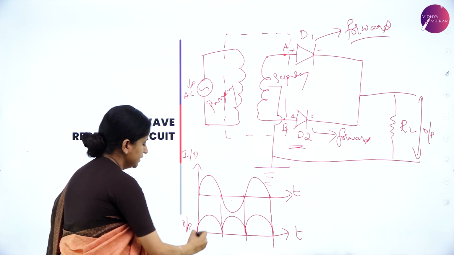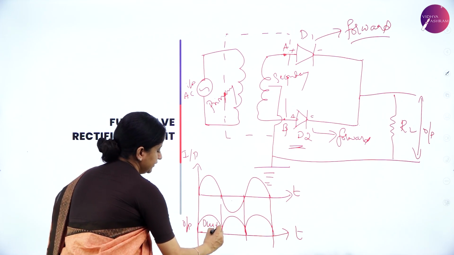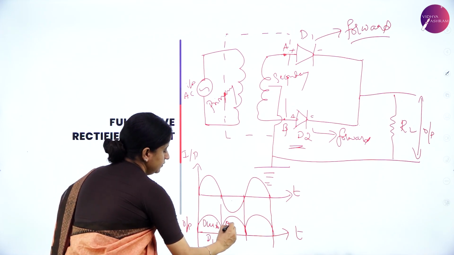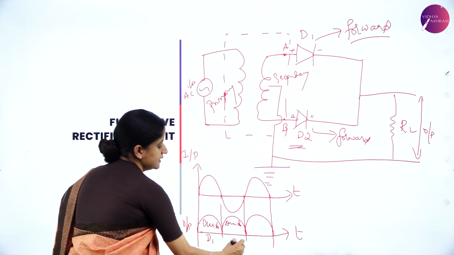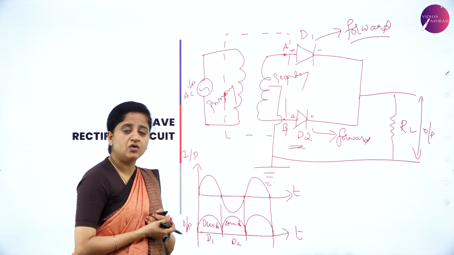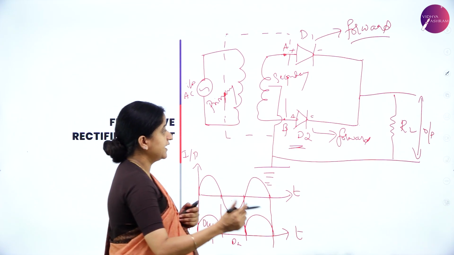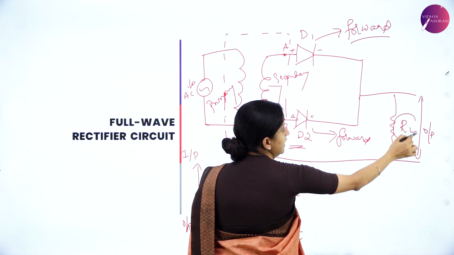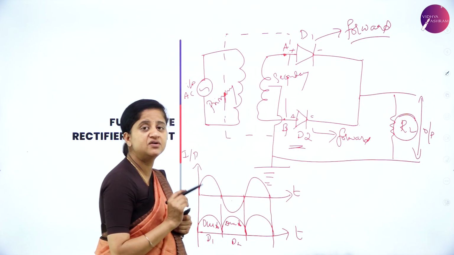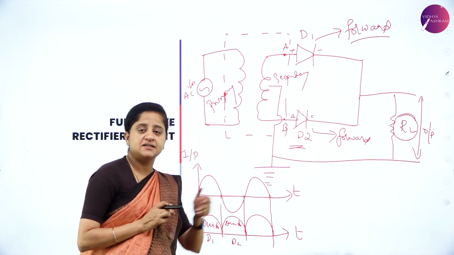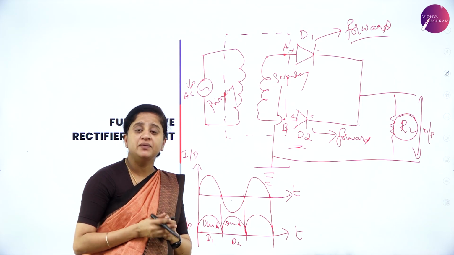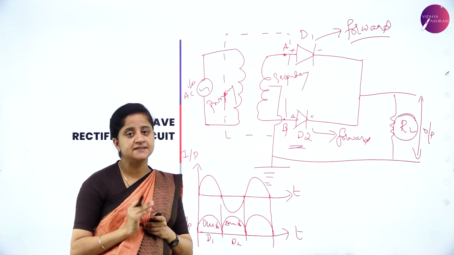As I told, this is due to D1 and this is due to D2. Like this it continues. Whatever output we get is unidirectional. The current across the resistor RL helps in getting the output. We check the output across the resistance RL, and the output we get is a converted DC signal.